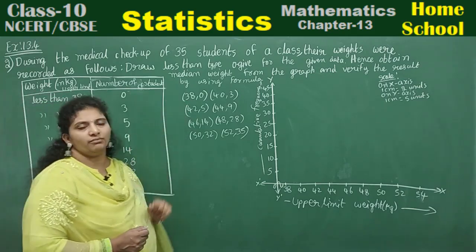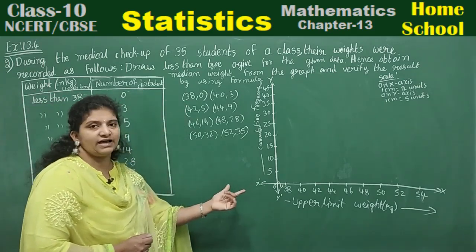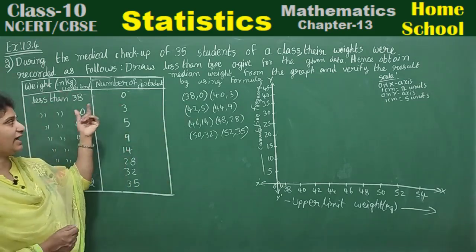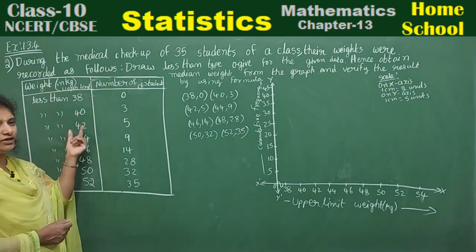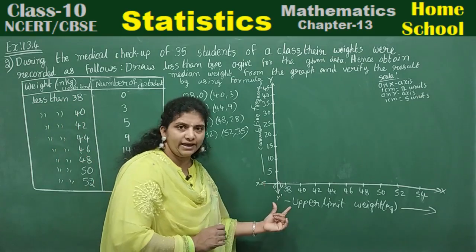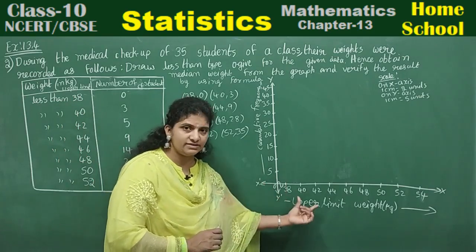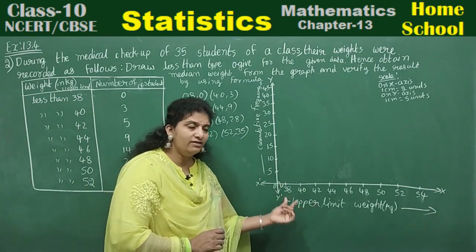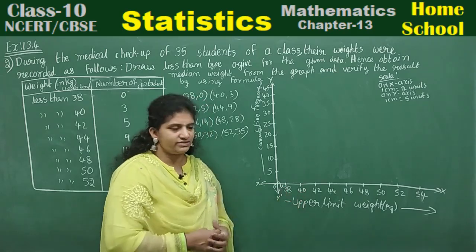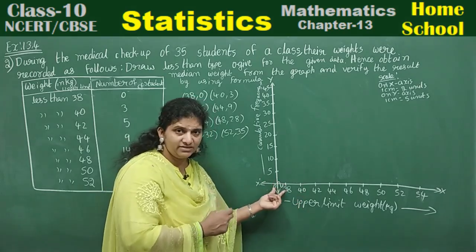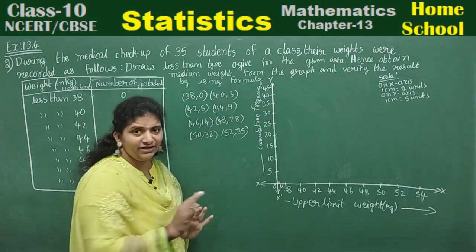So 38, 0. On x-axis, how did we take the scale here? 38, 52 there. 38, 40, 42 like this. On x-axis, I have taken a scale such that each centimeter is equal to 2 units. See here, graph is compressed. 0 to 36 I don't want.